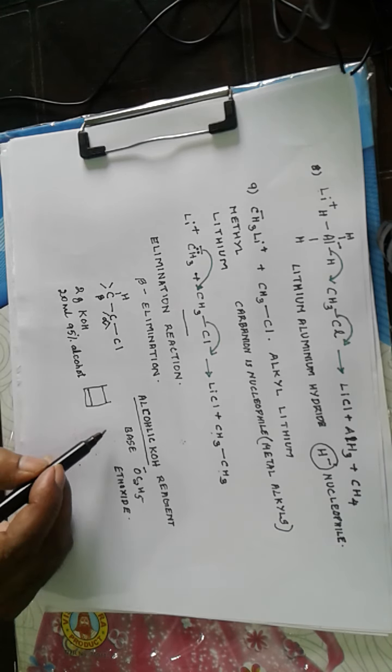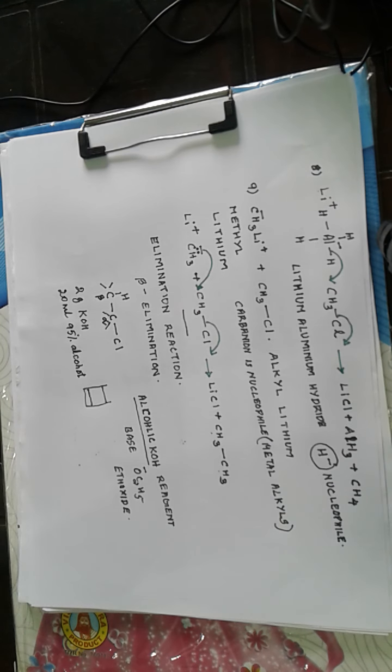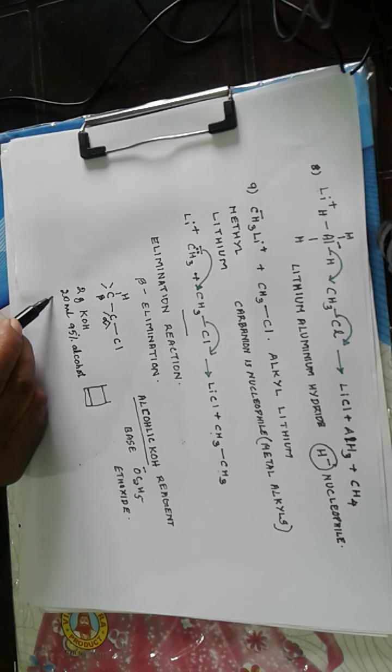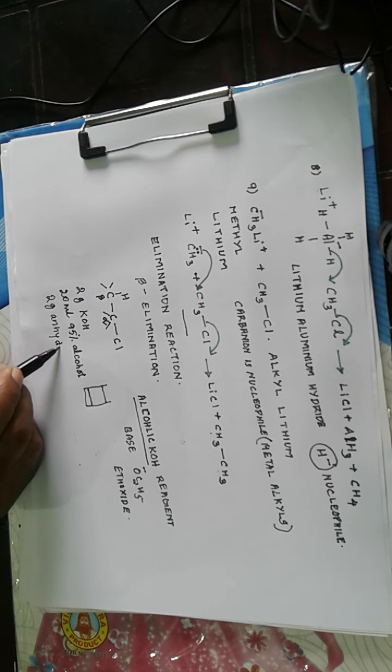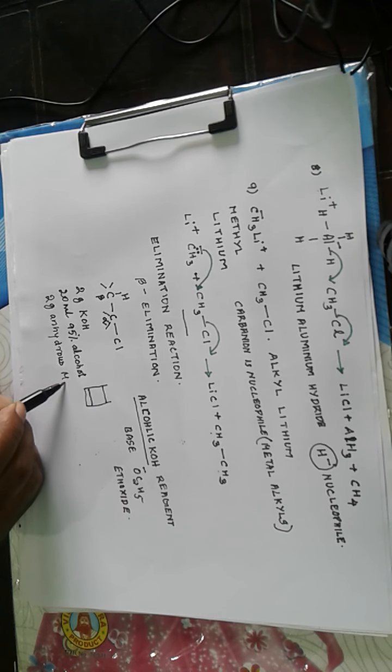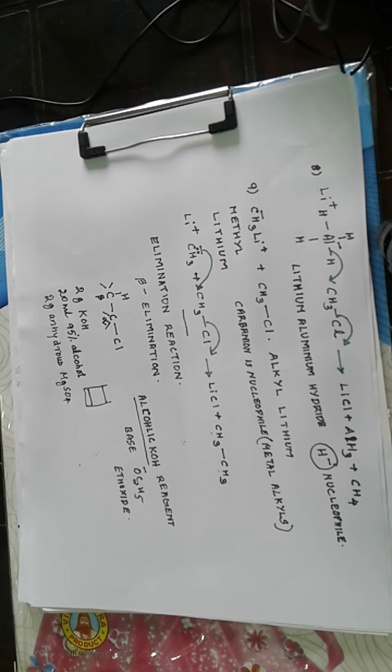And into the solution you add about 2 gram anhydrous magnesium sulfate. See, the magnesium sulfate crystalline compound contains 7 molecules of water of crystallization.